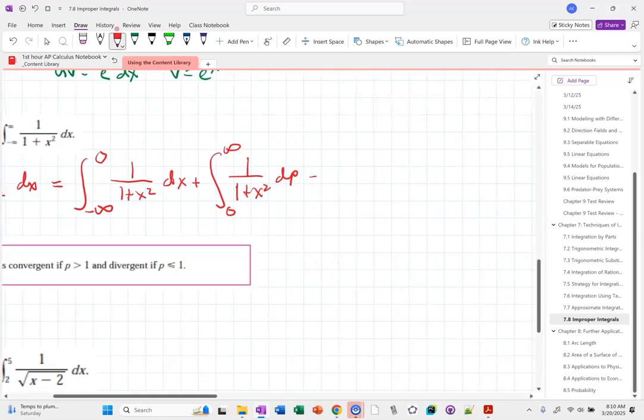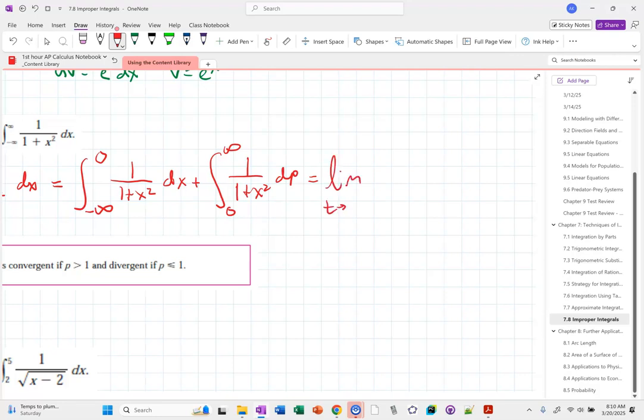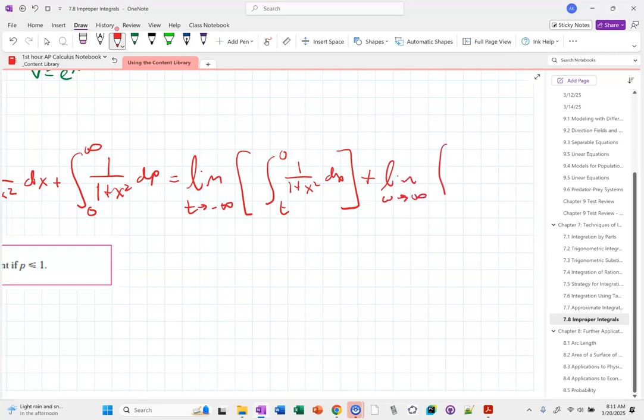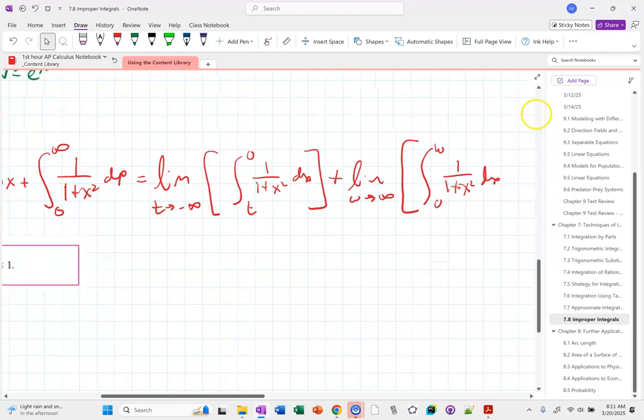So after doing that, I can do the limit as t goes to -infinity of the integral from t to 0 of 1 over 1 plus x squared dx, plus the limit as, let's say, w goes to positive infinity of the integral from 0 to w of 1 over 1 plus x squared dx.